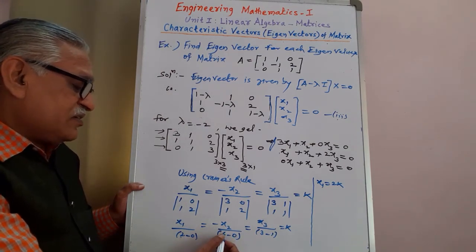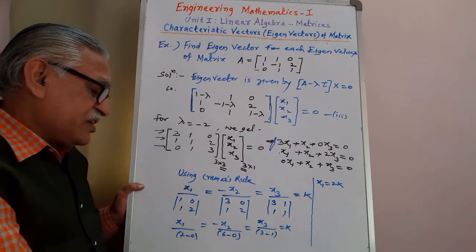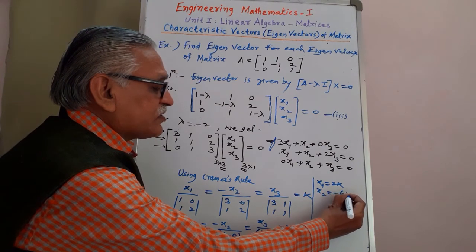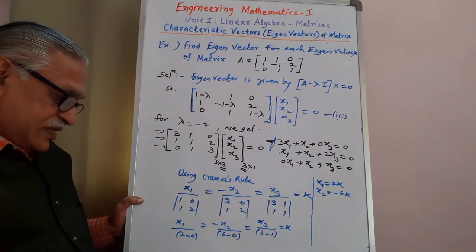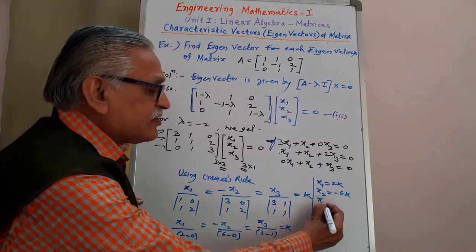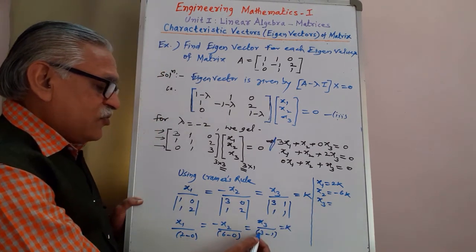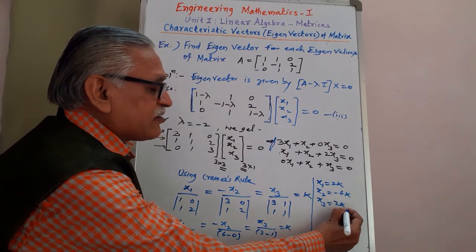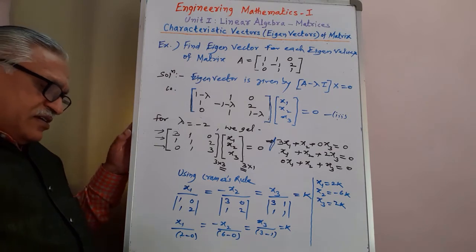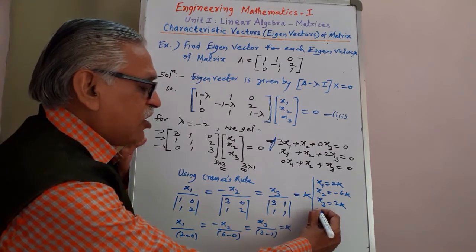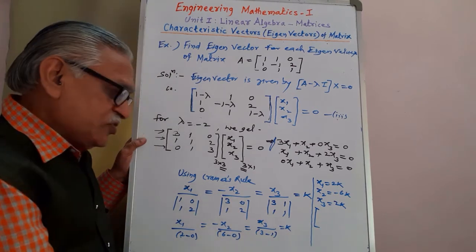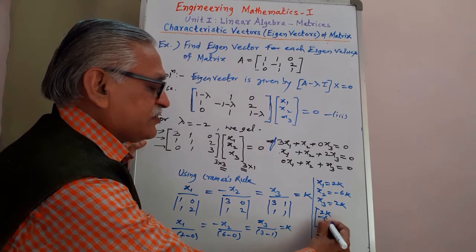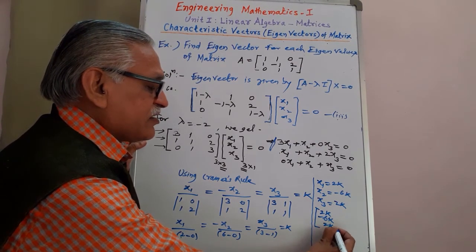Minus x2 by 6 equals k. Therefore, x2 equals minus 6k, and x3 upon 2 equals k, so x3 equals 2k. And therefore the eigenvector is a non-zero column vector, and that vector is 2k, minus 6k and 2k.